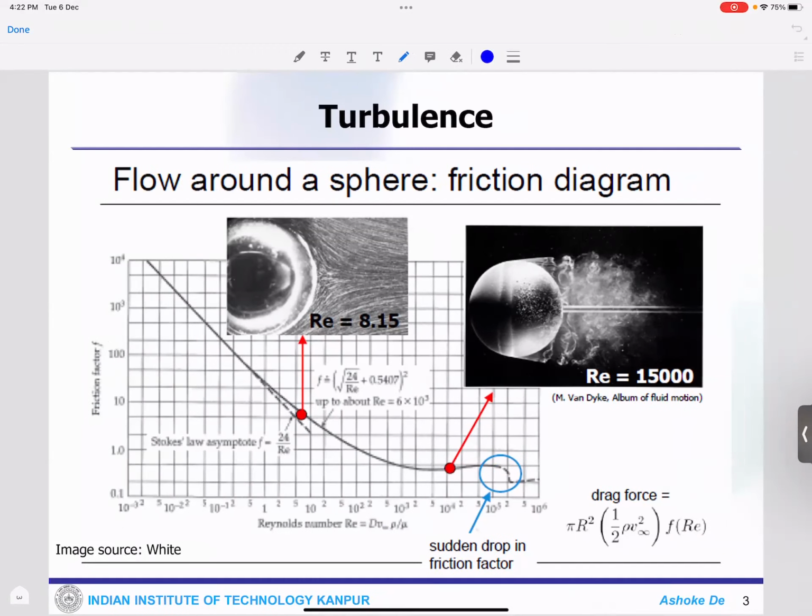This is the Reynolds number and this is the friction factor. So how does the flow change its behavior? In this particular figure, here's a sphere and the Reynolds number is quite high. How does the flow behave behind the sphere?